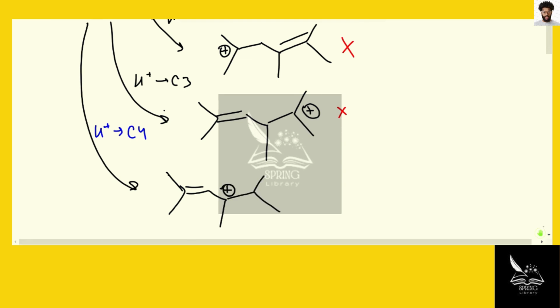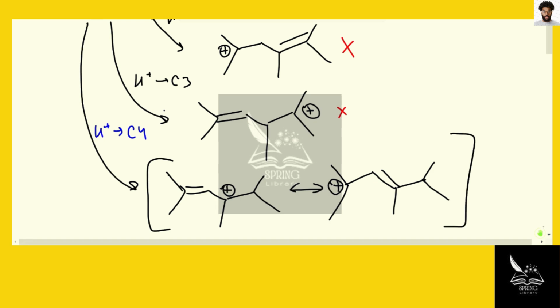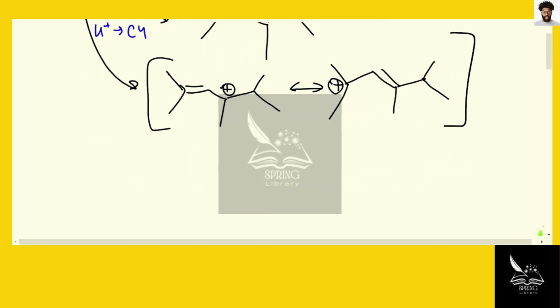So we form a tertiary cation, which is in equilibrium with another tertiary cation. So it means that this attack will lead to the most stable product, the most stable intermediate.